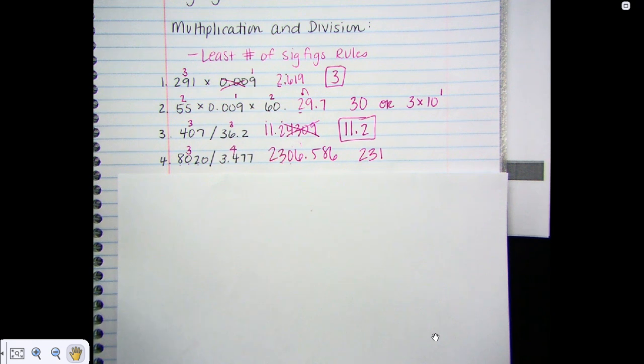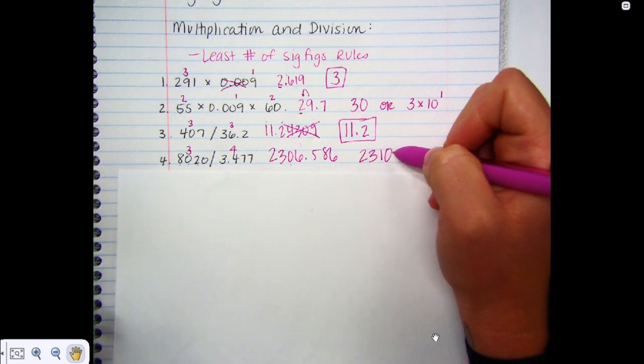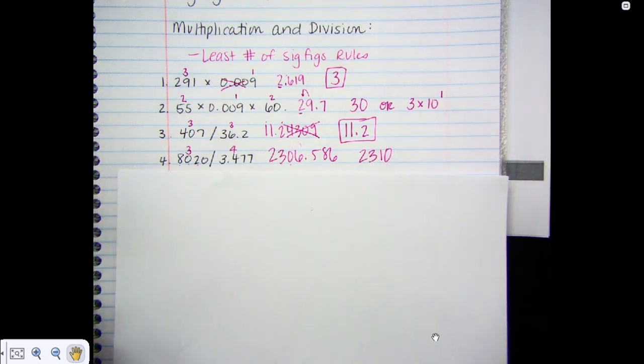Does 231 accurately represent the value that is 2,306? Think about money. If I owed you $2,306, you'd be pretty upset if I gave you $231. But you'd be okay if I gave you $2,310. 3 sig figs, the 0 doesn't count for the significant figures.